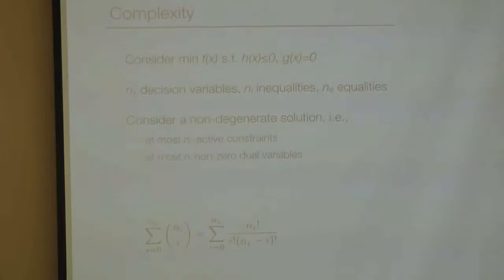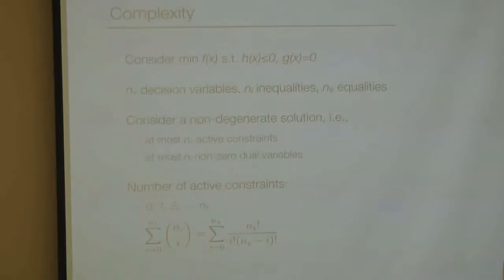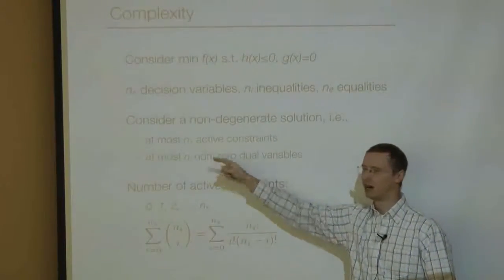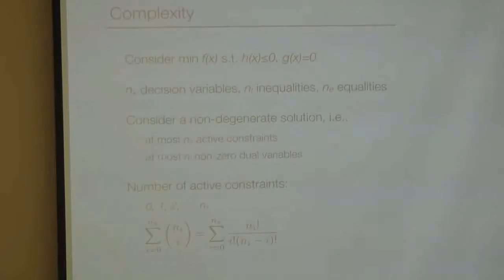that there are many, and saying many is an understatement, many combinations of active constraints that we need to explore if we just apply the Karush-Kuhn-Tucker method. As we have just illustrated on the whiteboard, if we consider NX optimization variables and NI constraints, then we can explicitly enumerate the number of combinations of active constraints that we need to explore.